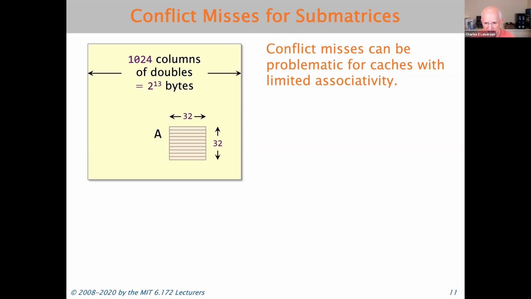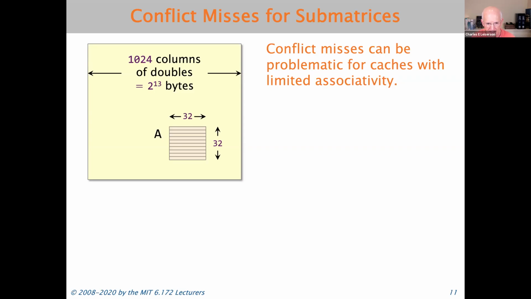And somewhere inside is a 32 by 32 submatrix A. The row width of the underlying matrix is therefore 2 to the 10th, which is 1024, times the size of a double, which is 2 to the 3rd, 8. So that's 2 to the 13th bytes.